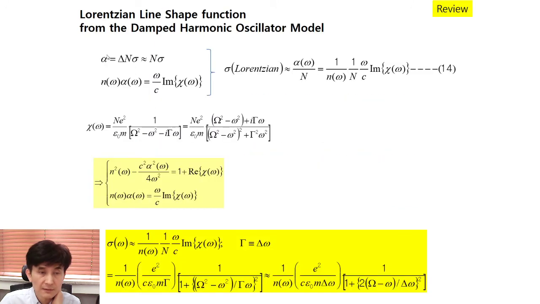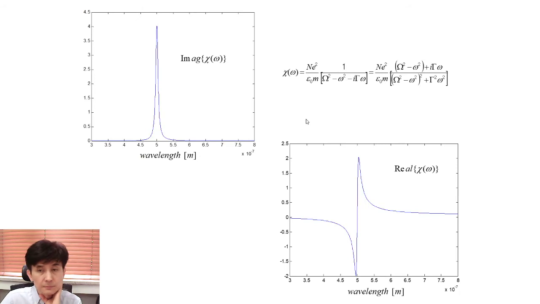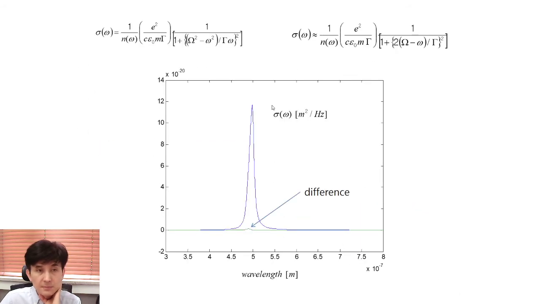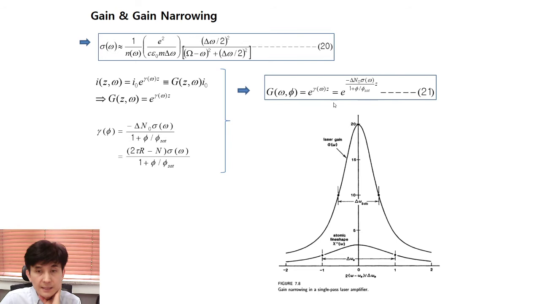That's because alpha is delta n times sigma. When delta n is not saturated with the external photon flux, there is a difference between the gain and the absorption coefficient, because gain is related to gamma omega times exponential gamma omega times z.